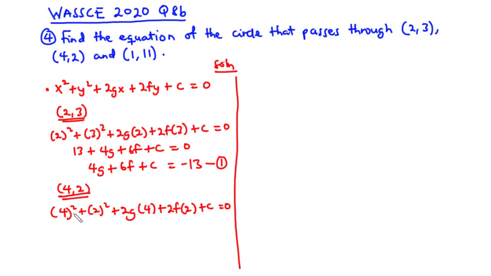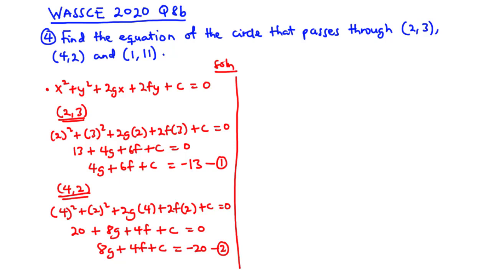So 4 square is 16, 2 square is 4. 16 plus 4 is 20. So 20 plus 8g plus 4f plus c equals 0. So we have 8g plus 4f plus c equals negative 20. Let's call this equation 2.